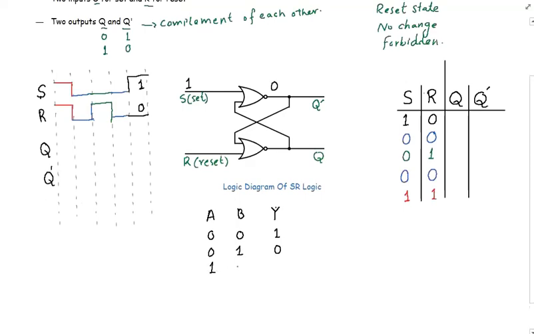If it is 1 0, the output will be equal to 0, and for 1 1, the output will also remain 0. So this one is the truth table for the NOR gate.